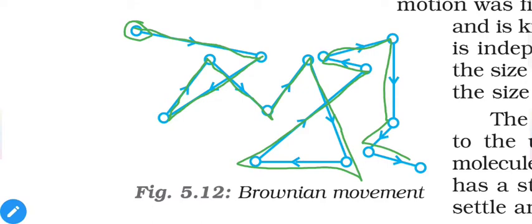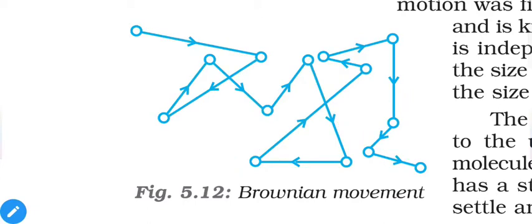The scientist Brown first discovered this type of random movement of particles, and during this change in direction, the two particles also exchange kinetic energy. Let us call the first particle A, going in this direction, and let us assume we have another particle B here.